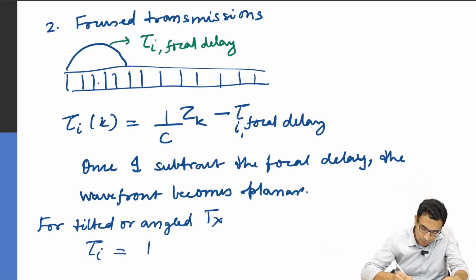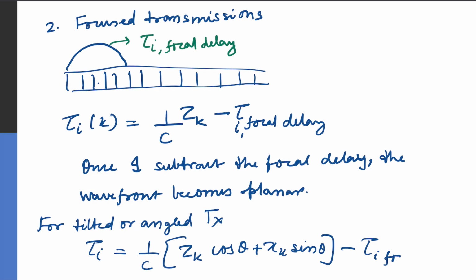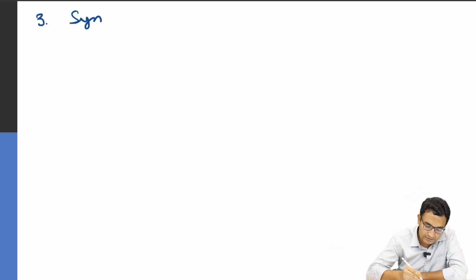Your tau i's will be equal to 1 by c times (zk cos theta plus xk sin theta) minus tau i focal delays. So I hope this point is clear, how you can calculate the transmission delays. Okay. Next type of transmission is synthetic aperture imaging.